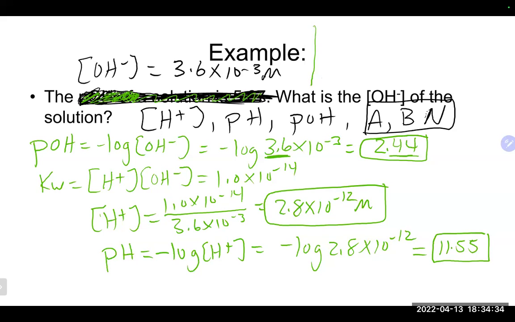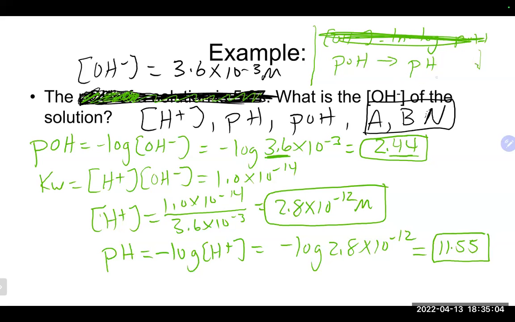Obviously, you could still do it the alternative way like we did previously. You could have got your pOH and then took your OH minus as being the inverse log of the minus pOH. Actually, no, we were looking for the H plus. I'm sorry. So we could have got the pOH first, is what I'm trying to say, and then you could have got to the pH.